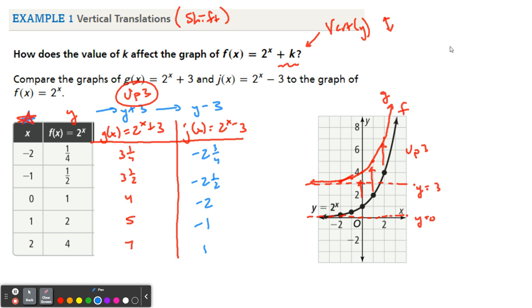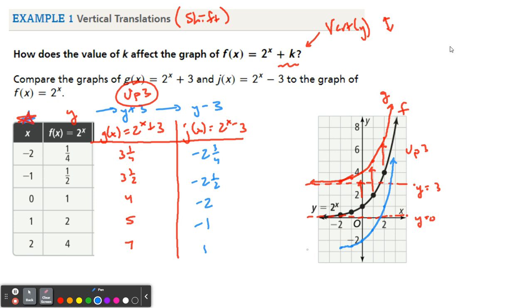Now what about the minus? Let's graph the x values and the y values. Negative 2, negative 2 3/4. Negative 1, negative 2 1/2. 0, negative 2. 1, negative 1. And 2, 1. If I connect these as best I can with an exponential curve, it'll look like this.